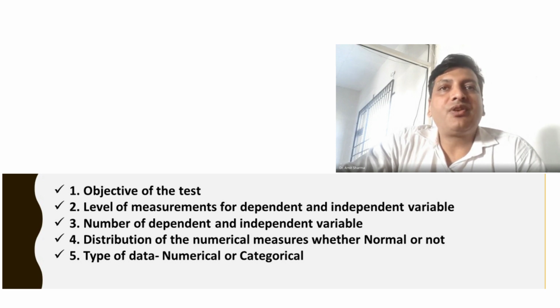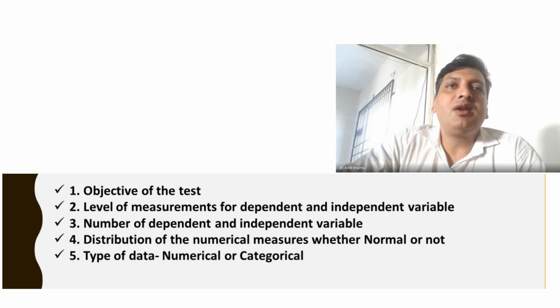This test for normality will give us an idea which test to apply, either a parametric test or a non-parametric test, to test our hypothesis. The distribution of the data is a very important step, and it will also let you know whether to apply the mean or the median for your data.